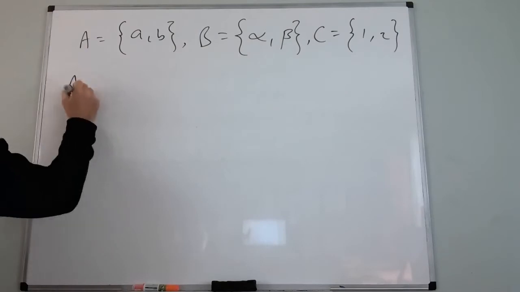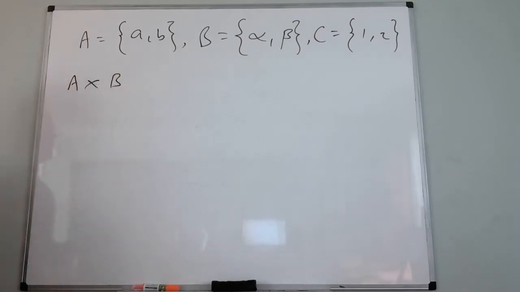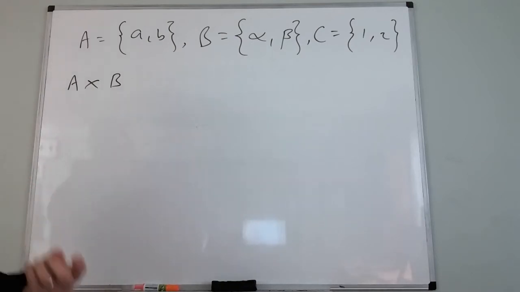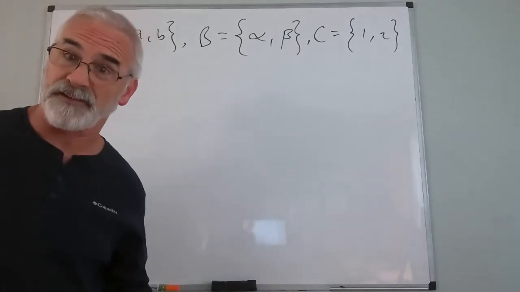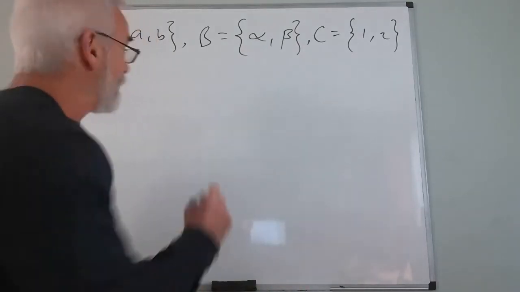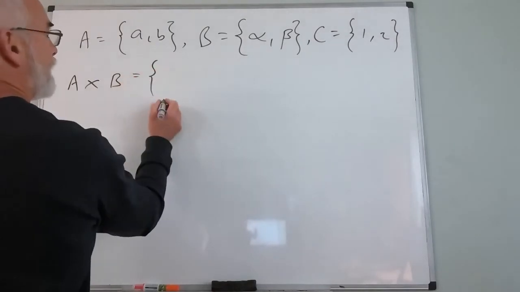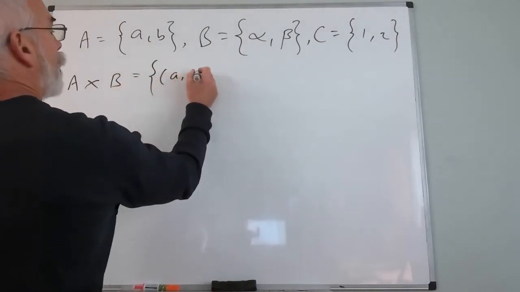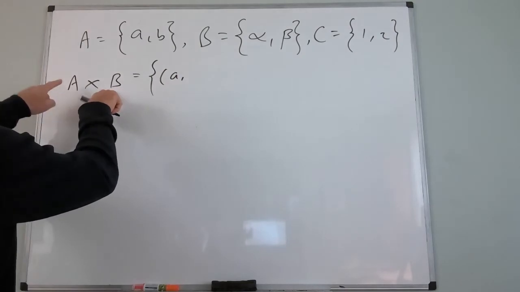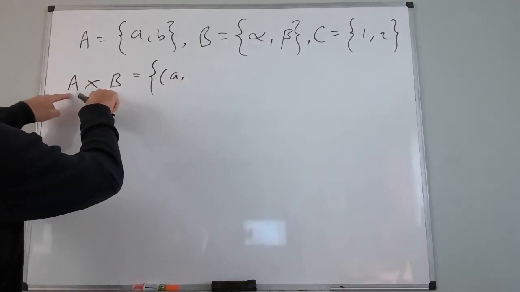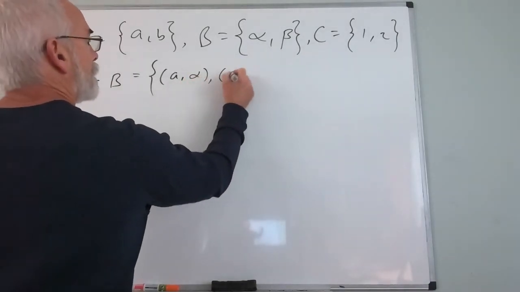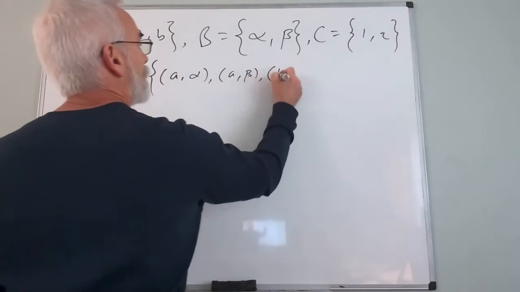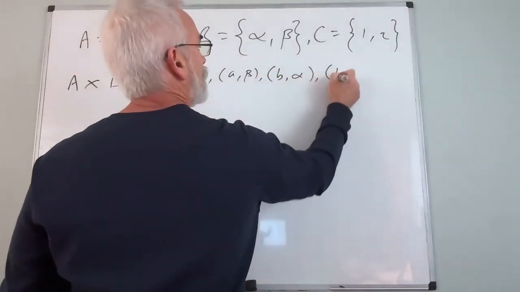First, A cross B, that's the Cartesian product of A and B. Now remember, a Cartesian product produces things that look like points on the XY plane in a sense, because that's exactly what's happening. So this would be the set of ordered pairs, and the order does matter because it matters which one was first. So elements of A are in the domain, elements of B are in the codomain. So this would be (a, alpha), (a, beta), (b, alpha), (b, beta).